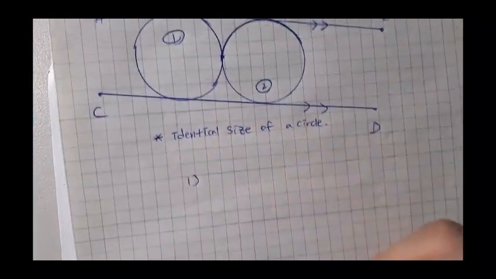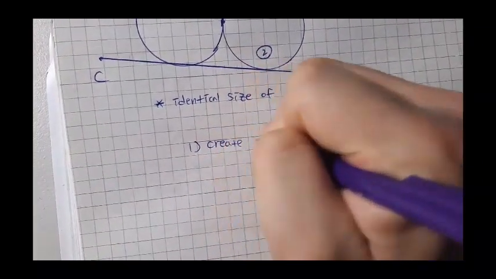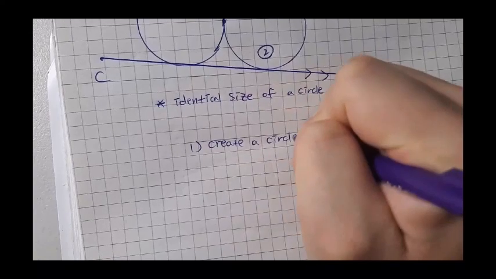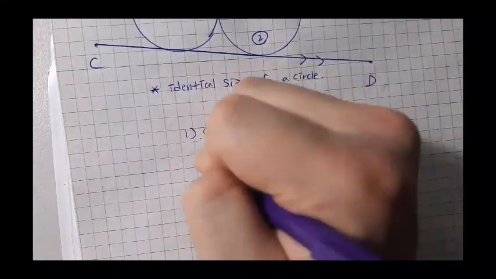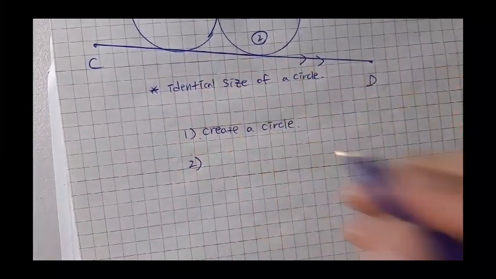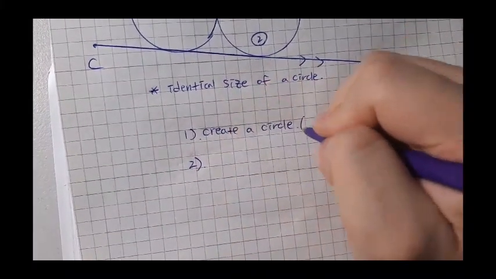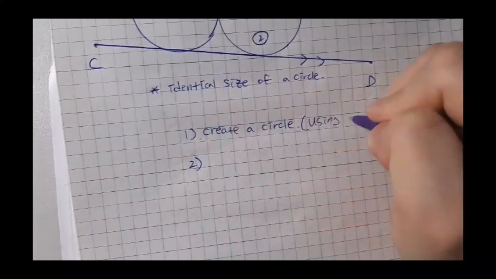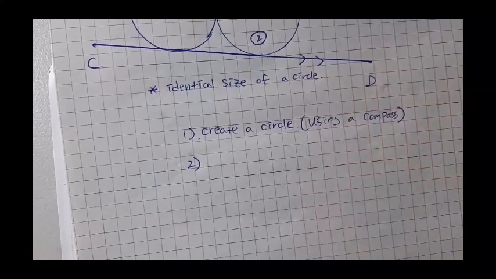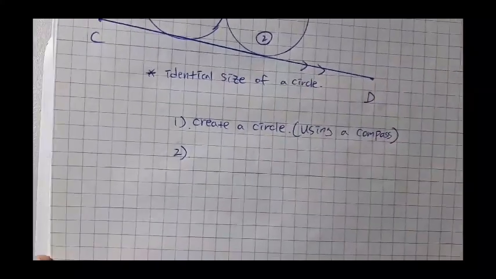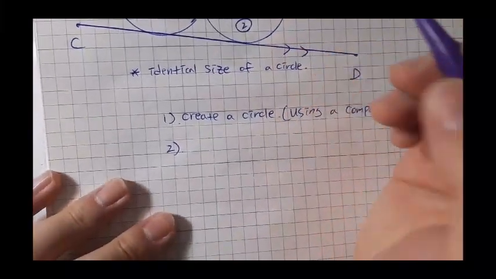Step number 1. Create a circle. Size really doesn't matter, but a small circle is, of course, what I recommend. And second, oh, by the way, using a compass. I'm gonna explain to you why using a small circle is better as a long-term goal.